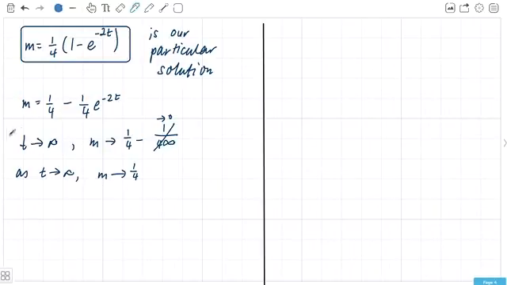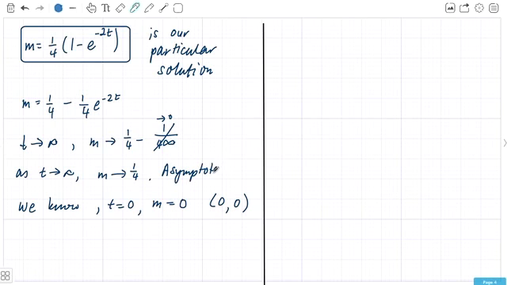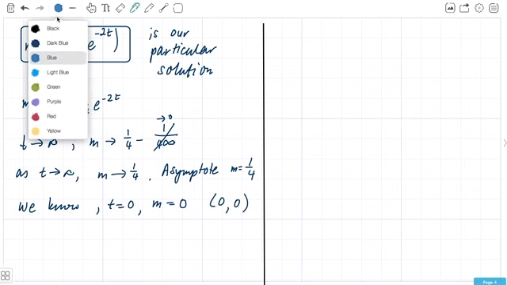The other thing that we know is that at the initial time 0, m was equal to 0. So that tells us a point on our graph is (0, 0). So we've got an asymptote at m equals a quarter, and we've got a particular point. Now we can graph this.